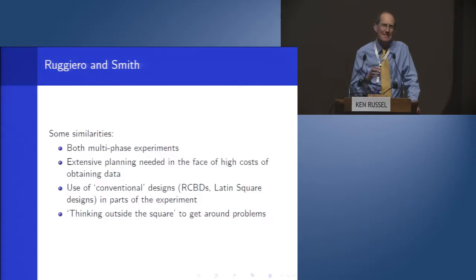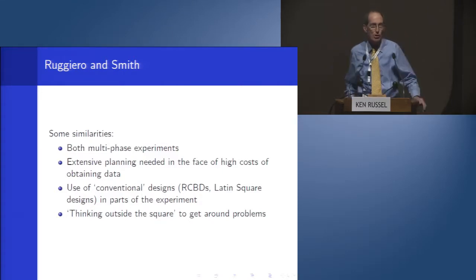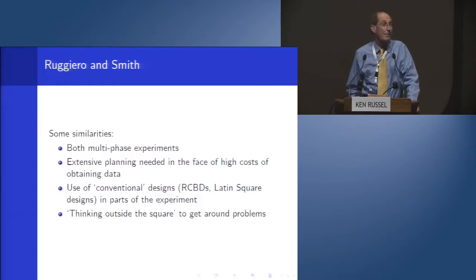Now, that was not necessarily getting the wheat or what have you, but the processing and all of that was going to be very expensive. And it was clear that they were using conventional, in inverted commas, designs, randomised complete block designs, Latin squares, in part of the experiment, but only part of it, because then they had to think outside the square to get around problems. And to me, that's one of the fascinations of experimental design.